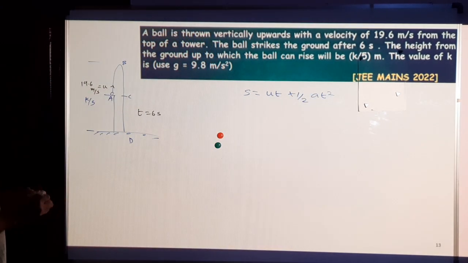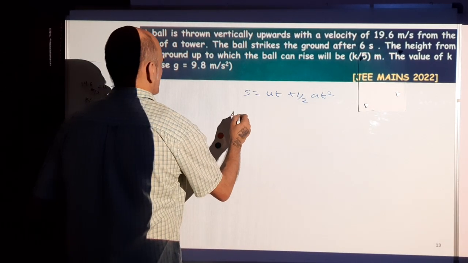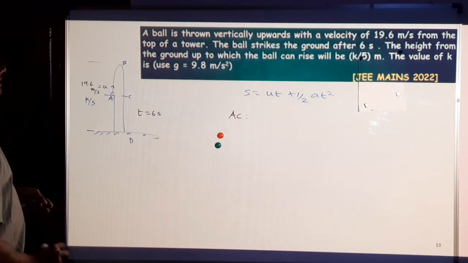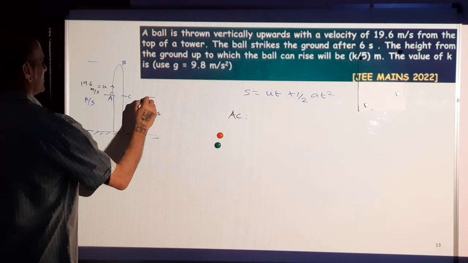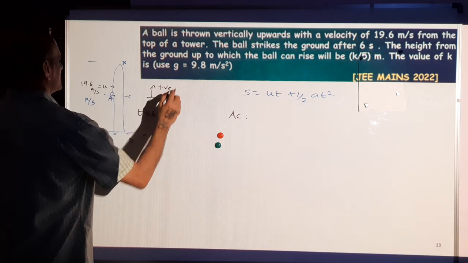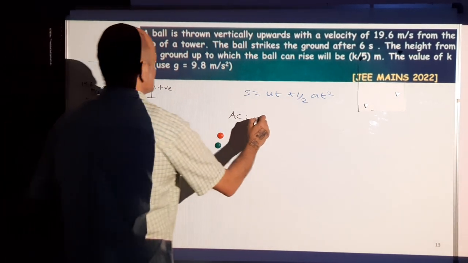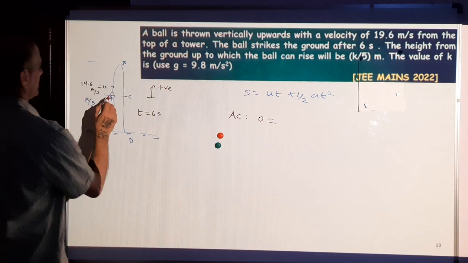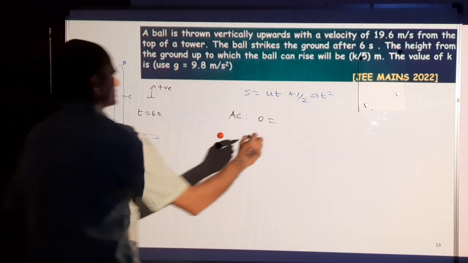I apply it between the points A and C. And I'll take the upward direction as positive. It's 1D motion. So this is the origin for the displacement. Upward direction is positive. So between A and C, the displacement is 0.